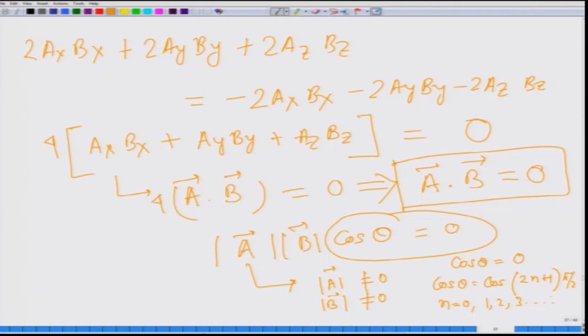So you can see that if n equal to 0, then I get cosine theta is equal to cosine of pi by 2, or theta equal to pi by 2. For n equal to 1, I get theta equal to 3 pi by 2. For n equal to 2, I get theta equal to 5 pi by 2 and so on.